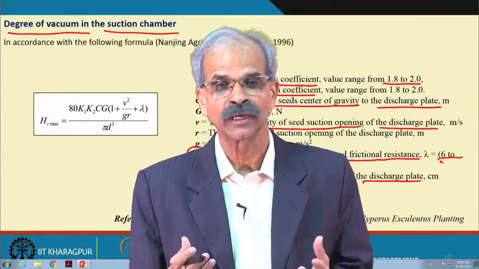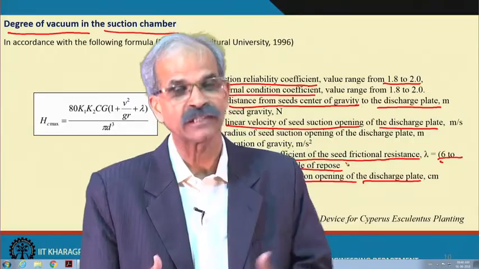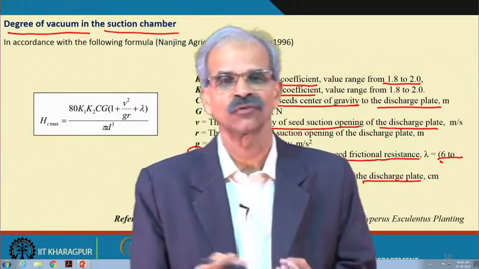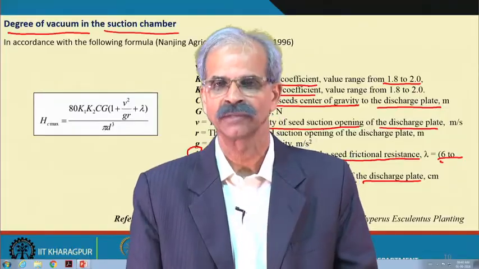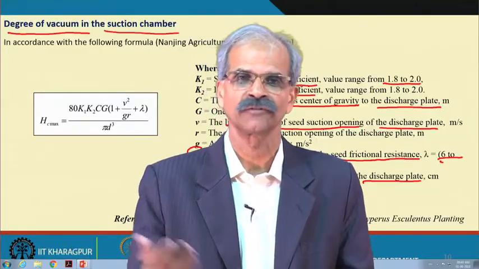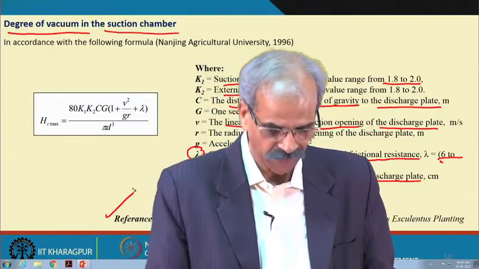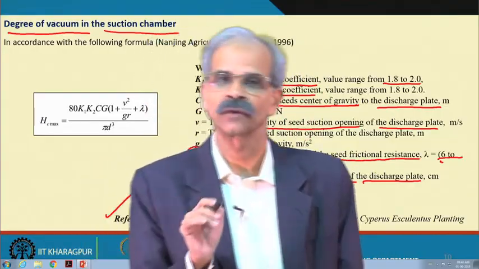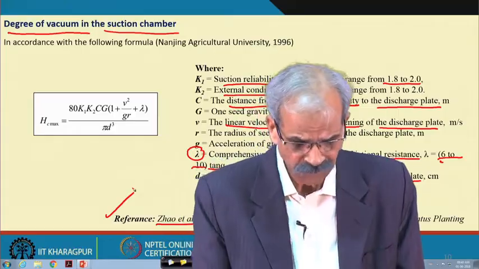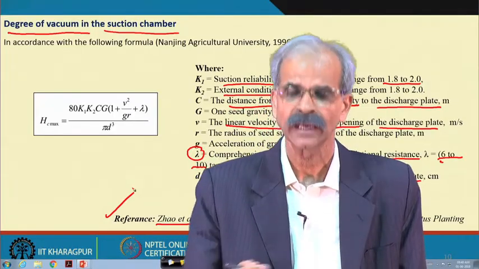If you read the details, you will find that for a particular seed and for all these conditions which they have designed, the value is about 5.2 kilopascal or so. You may go to that and have an idea.